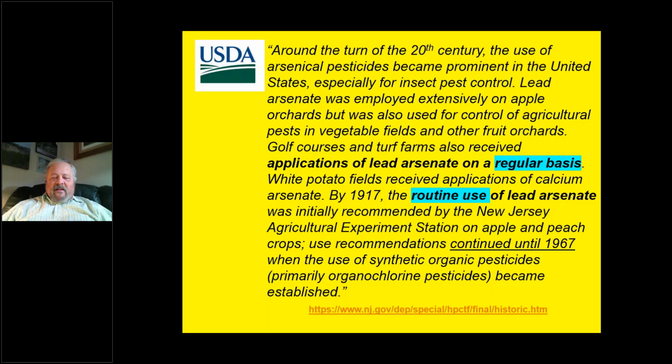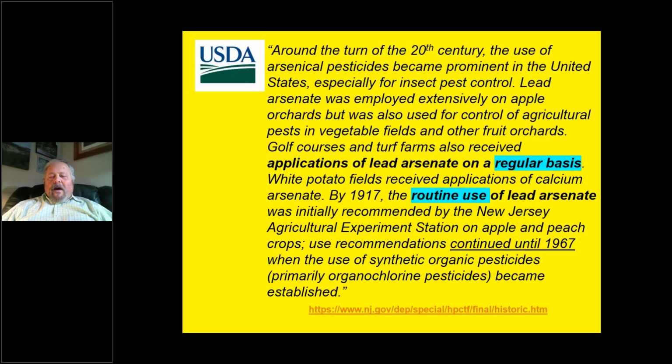calcium arsenate. By 1917, about the same time as the calendar, the routine use of lead arsenate was initially recommended by New Jersey on apple and peach crops. Use recommendations continued until 1967 when the use of synthetic organic pesticides became established.